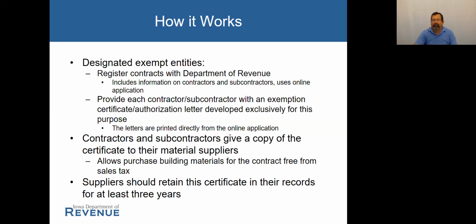These letters are printed from our website where you go directly for the application. The contractor or subcontractors then take the certificate to their material suppliers, which will allow them to purchase those materials for the contract free of sales tax. The suppliers that take those certificates should keep them in their records at least for 3 years.